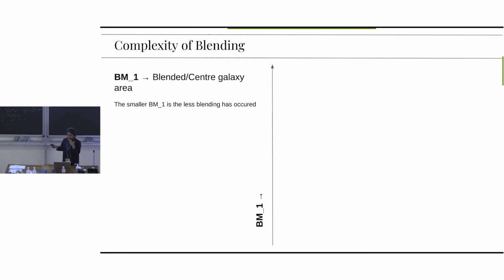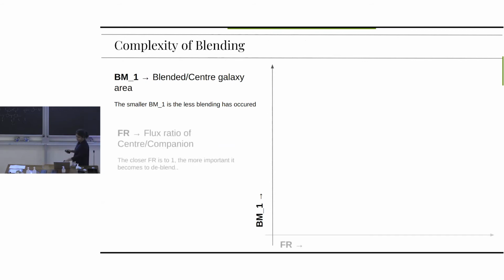So as I was saying, there is a certain complexity that's involved in blending. So we have these 2 arbitrary metrics. One is the blended over central galaxy area, so the overlap area over the whole area of the central galaxy. And the other one is the flux ratio, so how bright one is compared to the other.